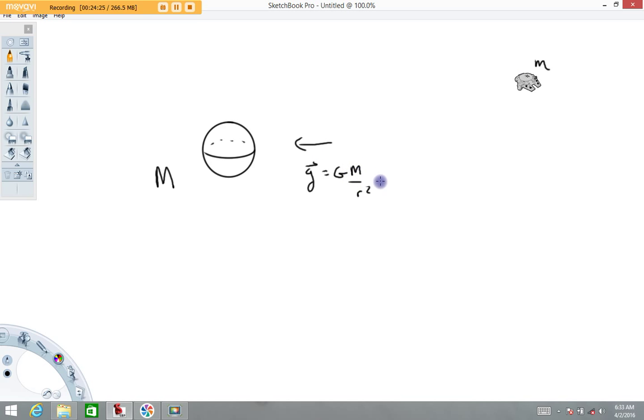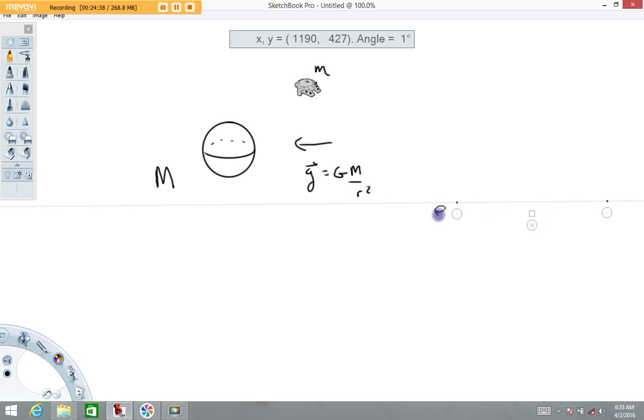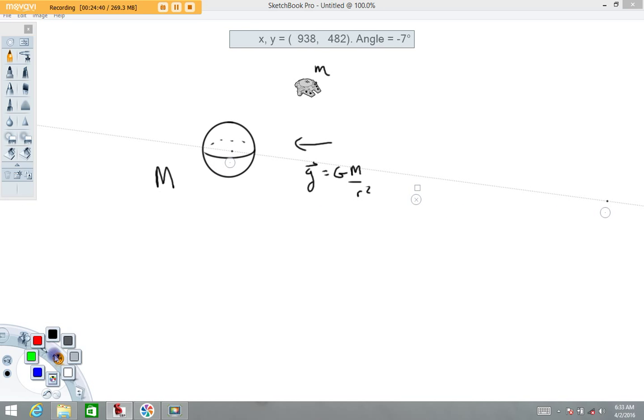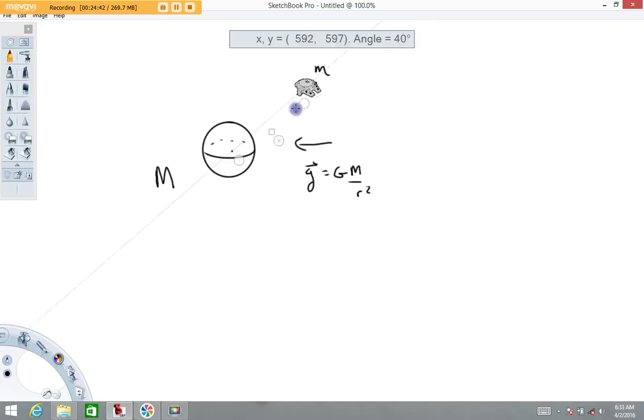What do we do with this? Well, what that means is that if I put an object here, or somewhere close to it, then there's going to be a gravitational force on that object. And that force is equal to the mass of the object times g.